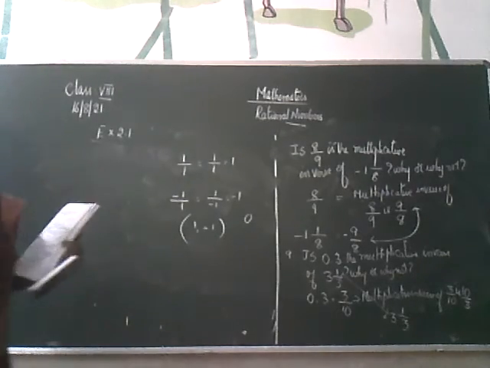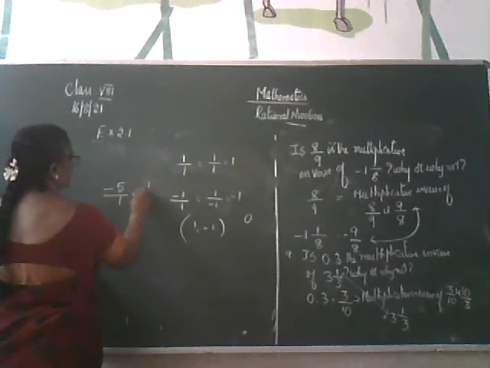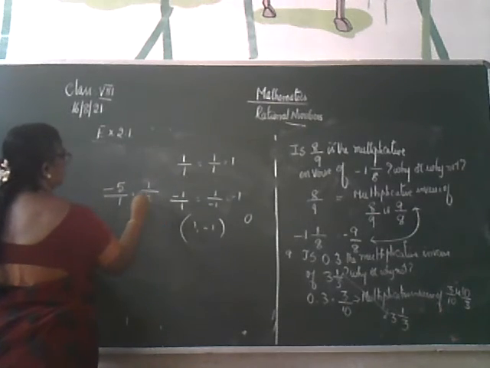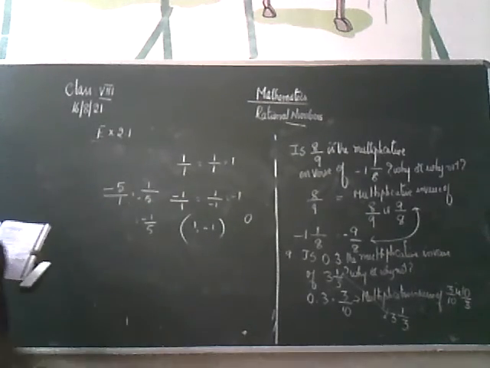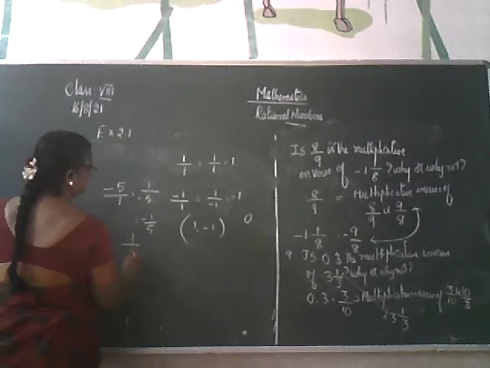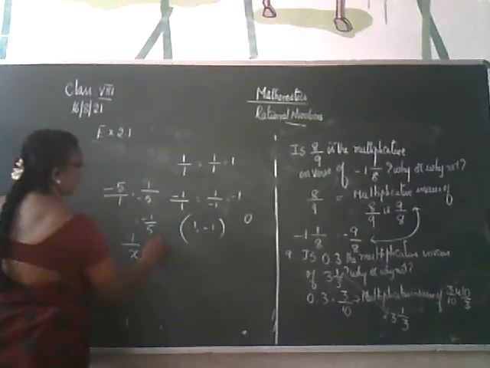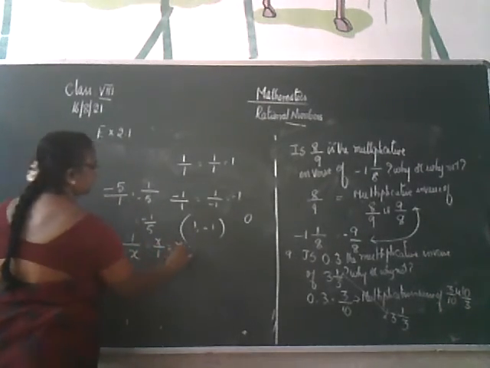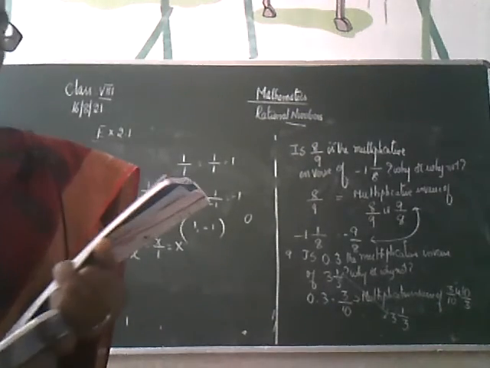What is the reciprocal of minus 5? 1 by minus 5, or you can write minus 1 by 5. Next, the reciprocal of 1 by x. Yes, x by 1, that is equal to x. The reciprocal of 1 by x is x.